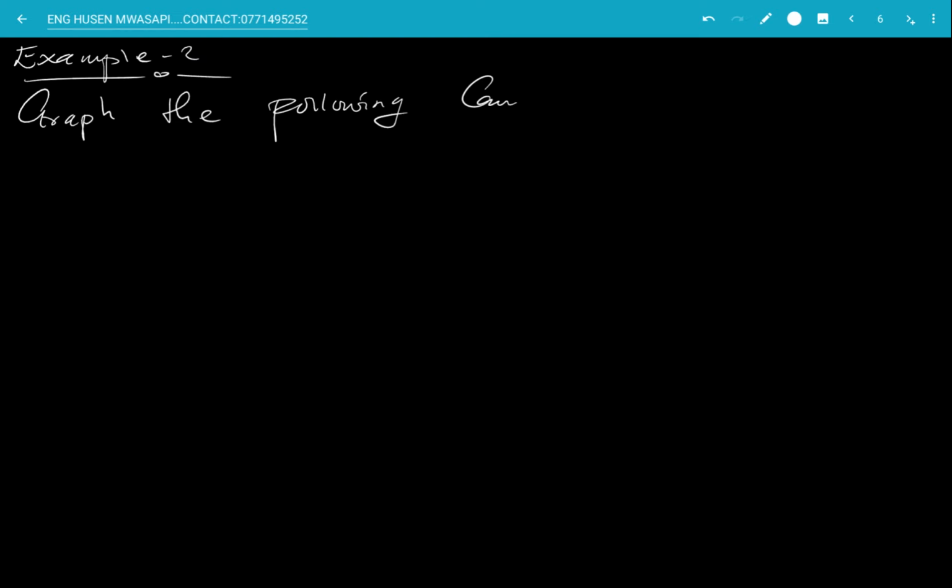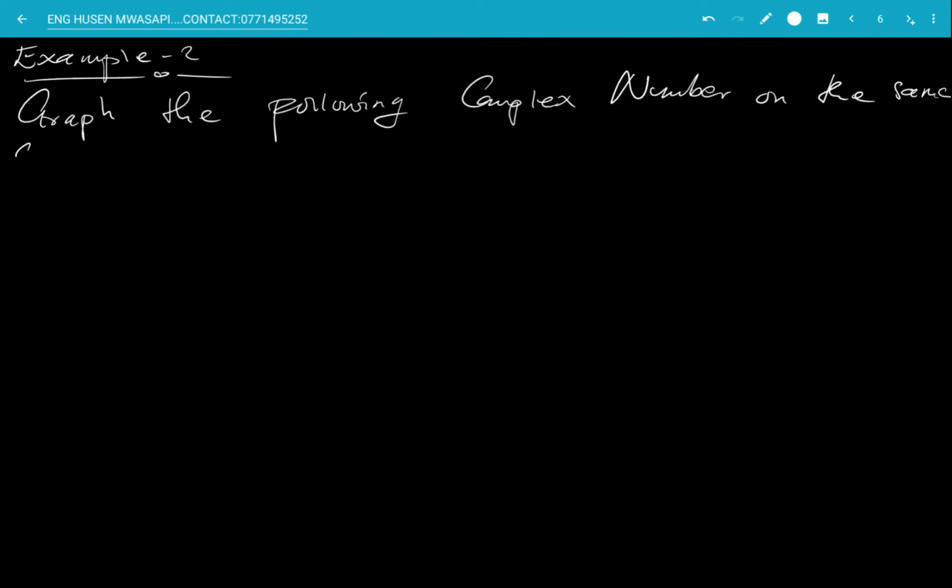So let's look at example number 2 now. Example number 2 says graph the following complex numbers, let's say on the same axis.